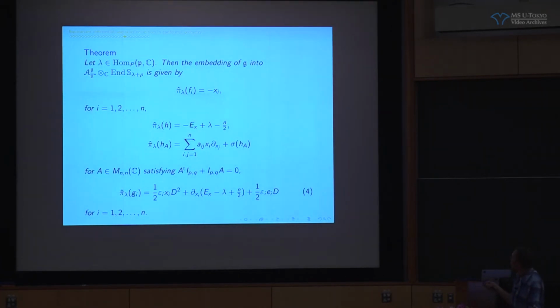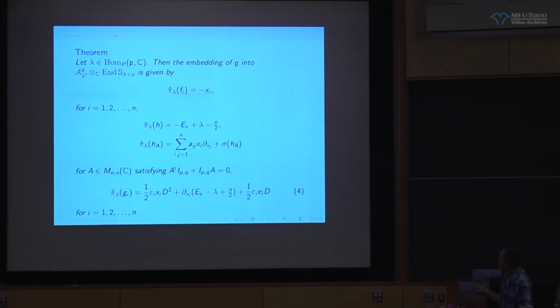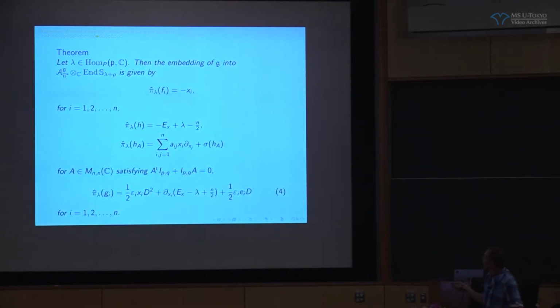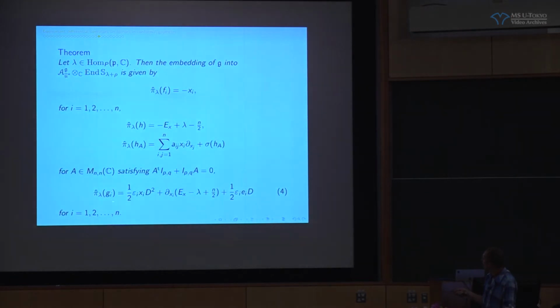So again, when we forget the initial representation pi lambda and specialize to the spinor representation twisted by the character lambda plus rho, this is how elements of the negative nilradical act in this representation. This is how the elements from the zero graded part of the parabolic decomposition of G act, and we are mostly interested in the action of all generators of the positive nilradical in that Fourier dual representation pi hat lambda.